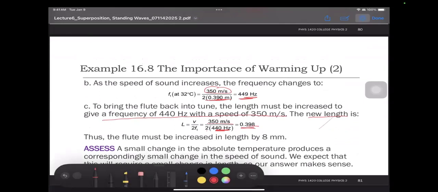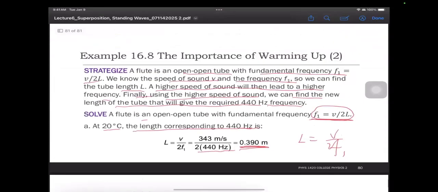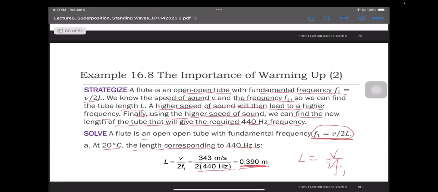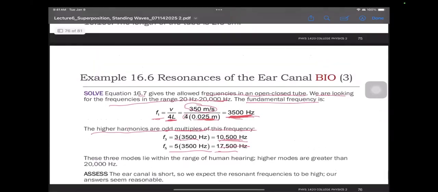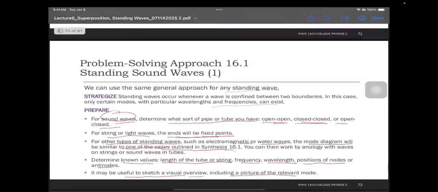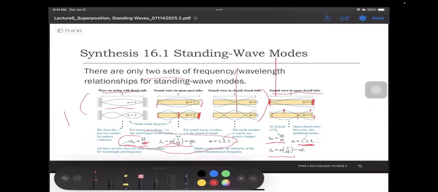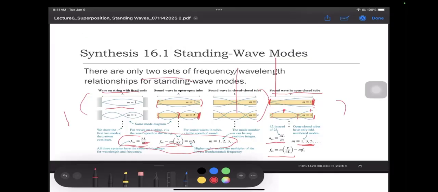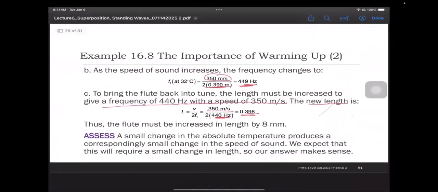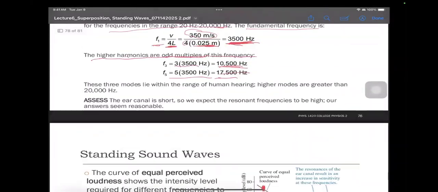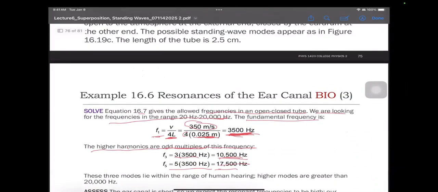So if you meet these problems, just try to analyze them and find the suitable equation from Synthesis 60.1. Does it make sense to you? Okay, this is what we learned today. We learned the superposition and the standing wave.